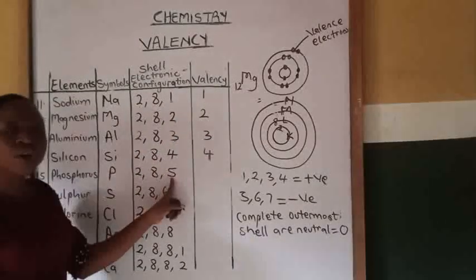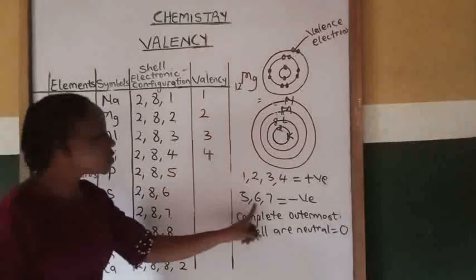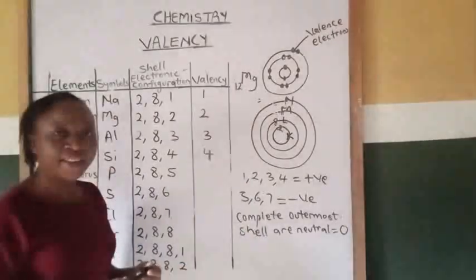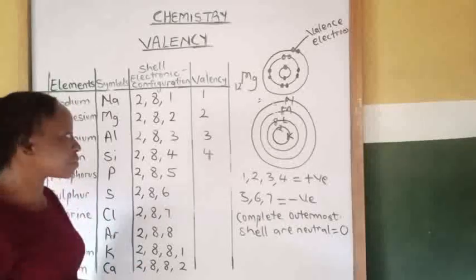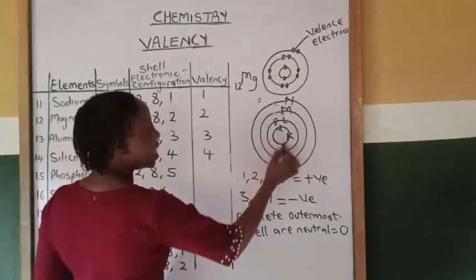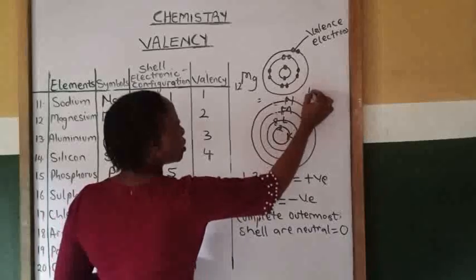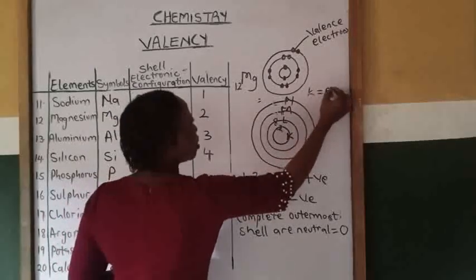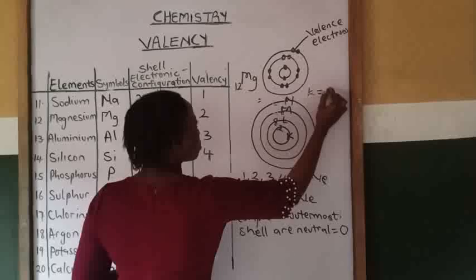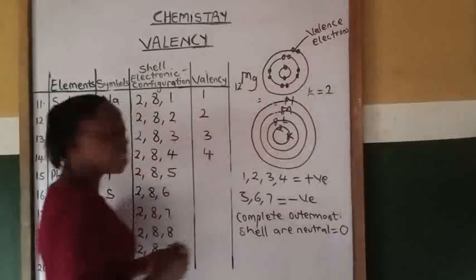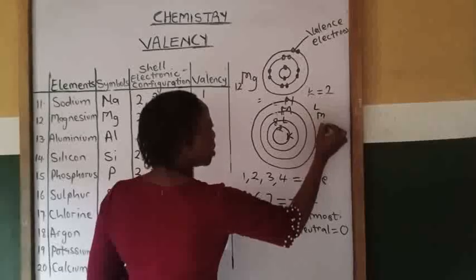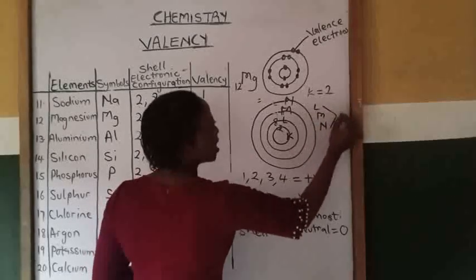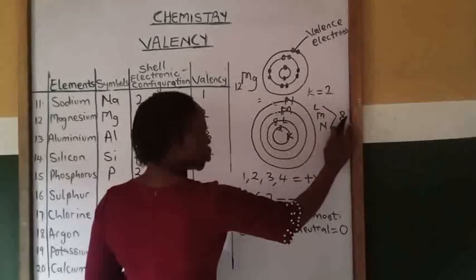When it comes to those elements with 5, 6, 7 valence electrons, how are we going to calculate their number of valency? We should not forget that the first shell, which is the K shell, will not take more than a maximum of 2 electrons. Then I said that the L, M, N shells will take a maximum of 8 electrons.